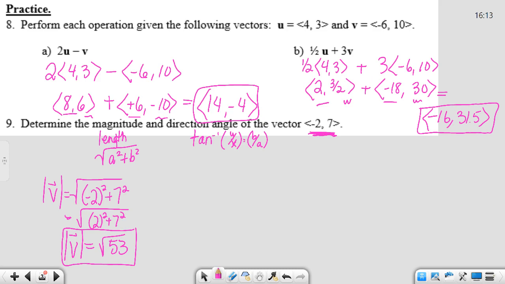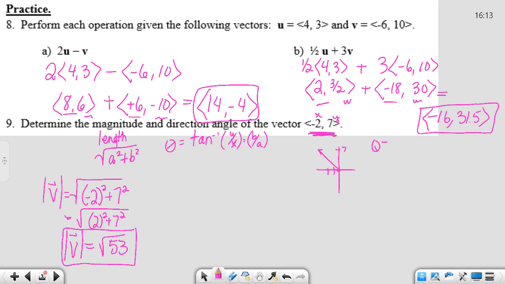All right, determining the direction angle. So remember, to find our theta value, we always want to use tangent because we already have the horizontal and the vertical components, the x and the y, the cosine and the sine. So I first want to visualize where this vector is. If I'm going negative 2, 7, I actually will have a vector that's drawn in quadrant 2.